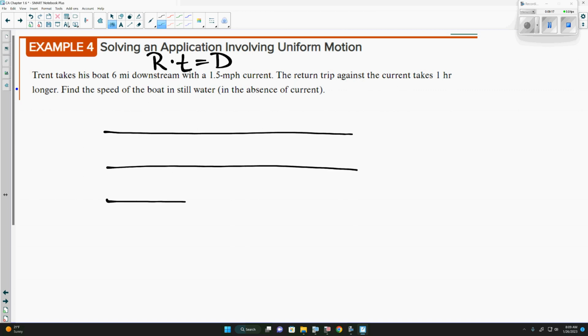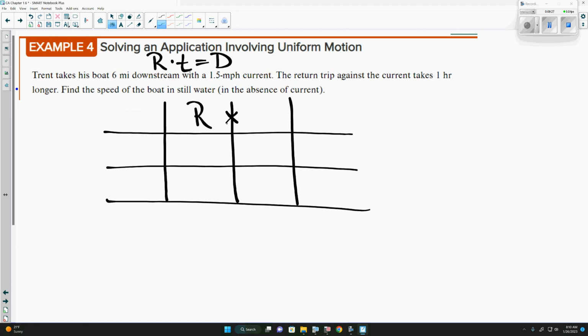Now, this seems like a lot to put together, so we're going to have a chart to put all this together with. Now, we're talking about rate times time is equal to distance. Rate times time equals distance. And there's going to be 2 directions we're going. One is going to be with the current, so I normally draw an arrow up, or against the current, and with the current.